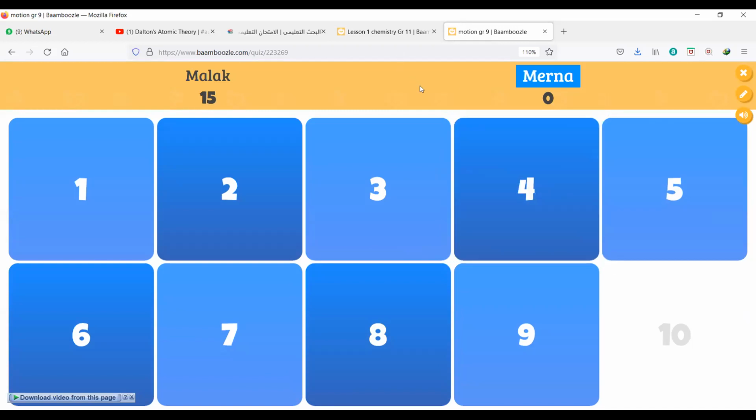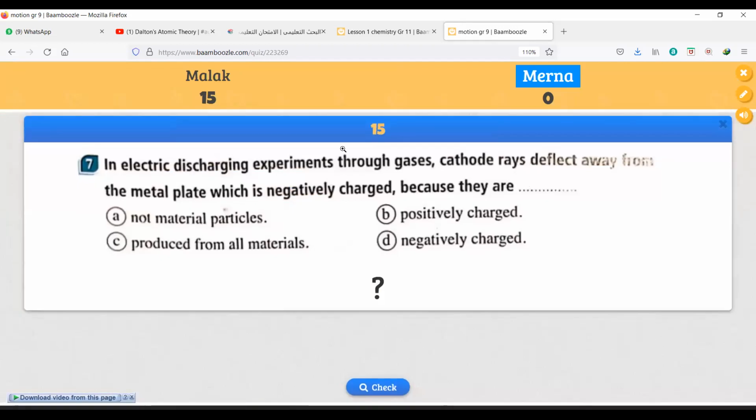Yes, what's your number? 4. In the electric discharging experiments through gases, cathode rays deflect away from the metal plate, which is negatively charged because they are... I'm sorry, this question is not for this lesson, so I'll change the question for you.